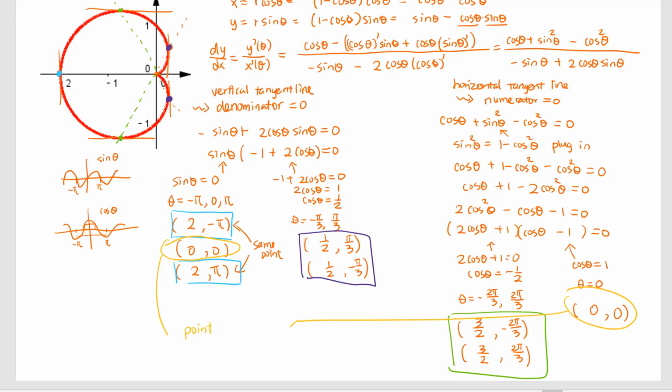So you go around this graph, and then when you travel at 0, 0, the point kind of stops there for maybe a second. So the velocity at the origin is 0 at that moment.